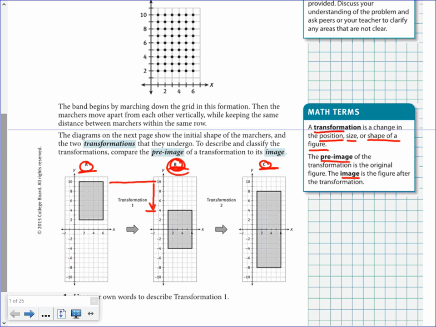On figure A, this one is 5, 1, 2, 3, 4, 5, by 8. 1, 2, 3, 4, 5, 6, 7, 8. This figure B is still 5 by 8. This figure C is 5 by 16. So you can see that they're not the exact same size.